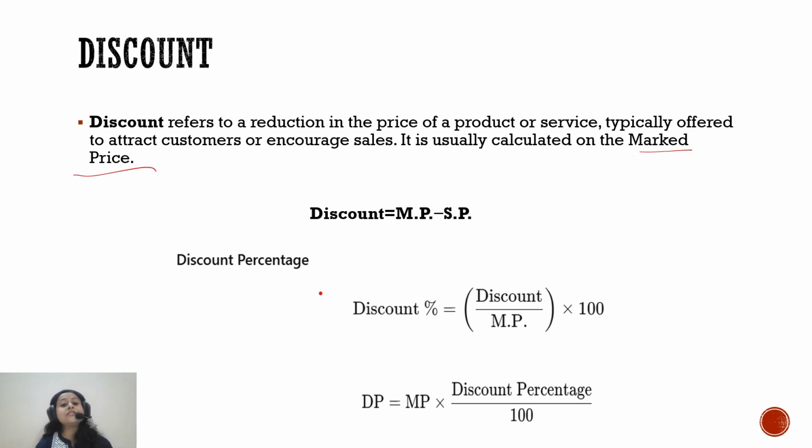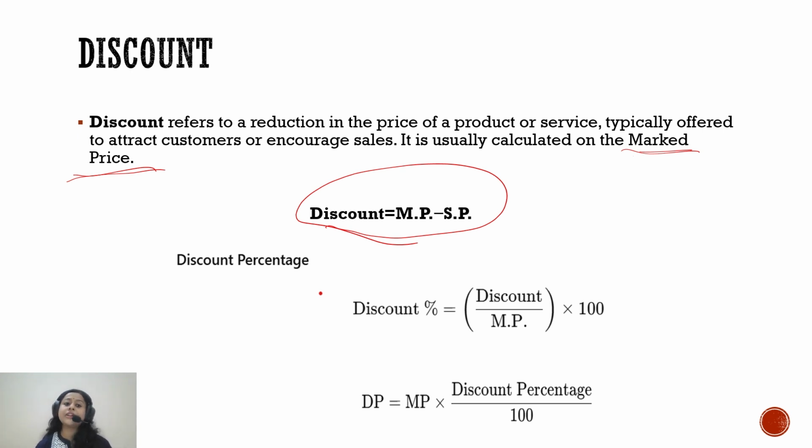So discount is nothing but a reduction in the price of a product or service, typically offered to attract customers. The basic objective of providing discount is to attract customers, and it is always provided on marked price but not selling price. And how can you calculate the discount amount? It is the difference of marked price minus selling price.